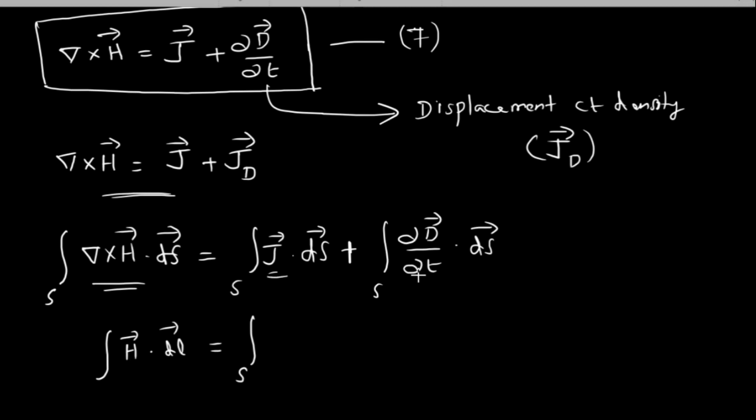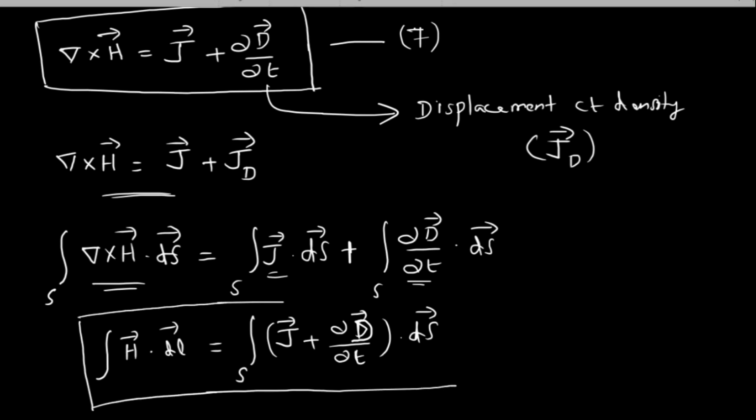Both integrals are the same surface, so I just add them. It doesn't matter if you write it separately also, but it is better to write in a simplified form. So surface integral of J plus ∂D/∂t dot ds.